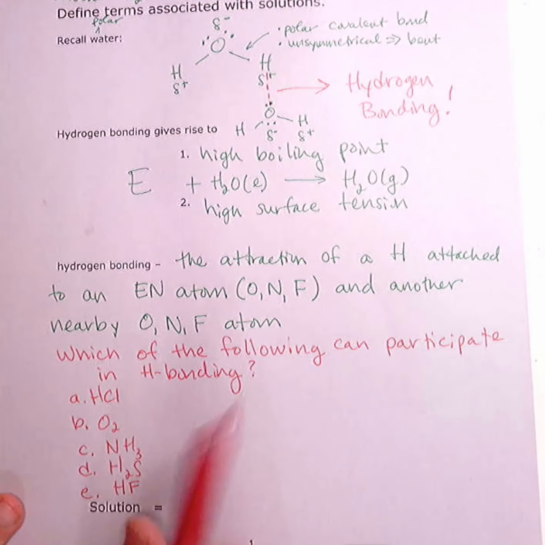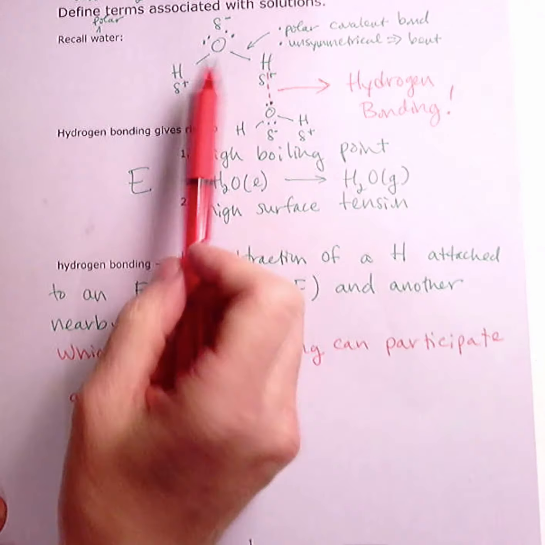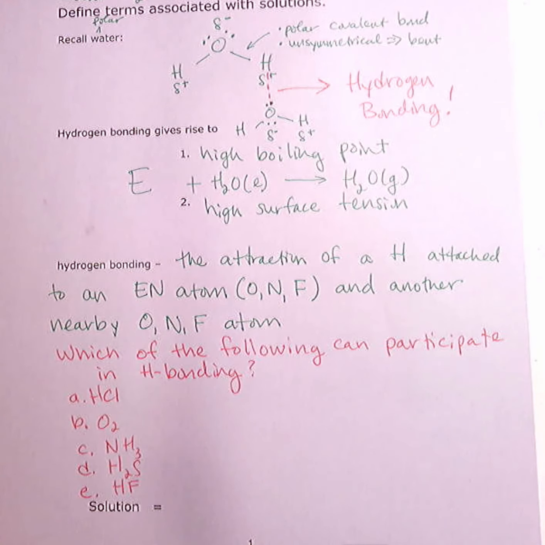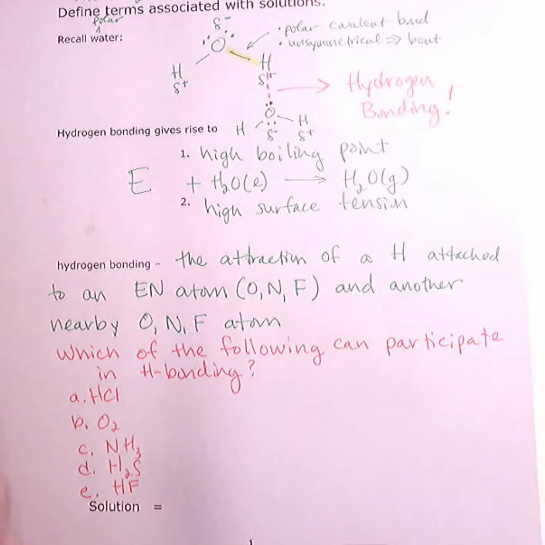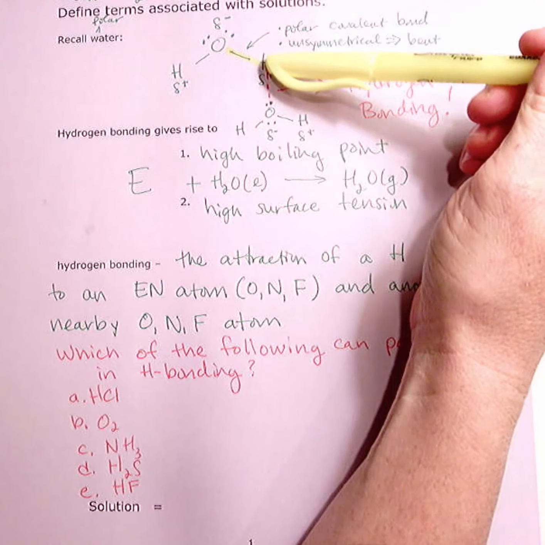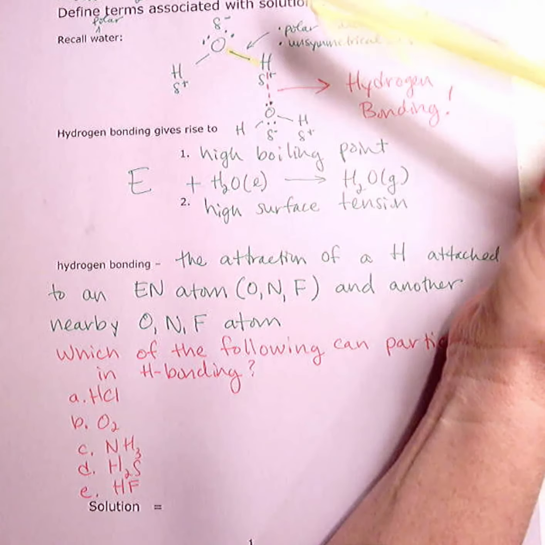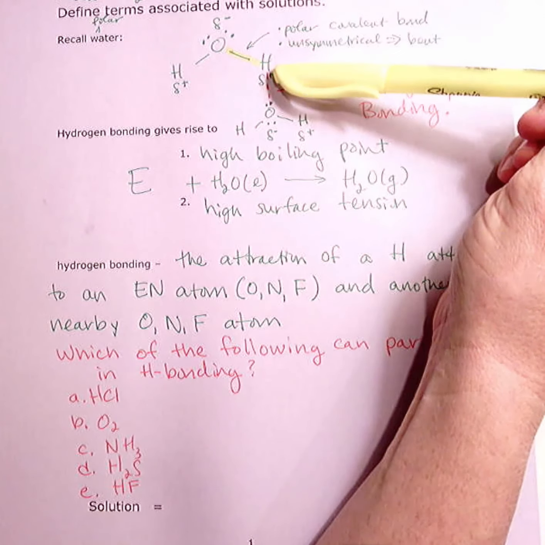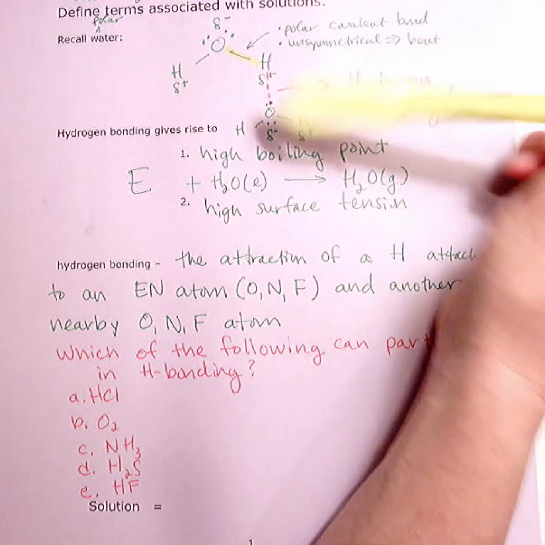And remember, this is not the bond between the oxygen and the hydrogen. It's the bond that isn't explicitly written, that is caused by this polarity of water. So a partial positive on hydrogen is attracted to the partial negative on a nearby oxygen.